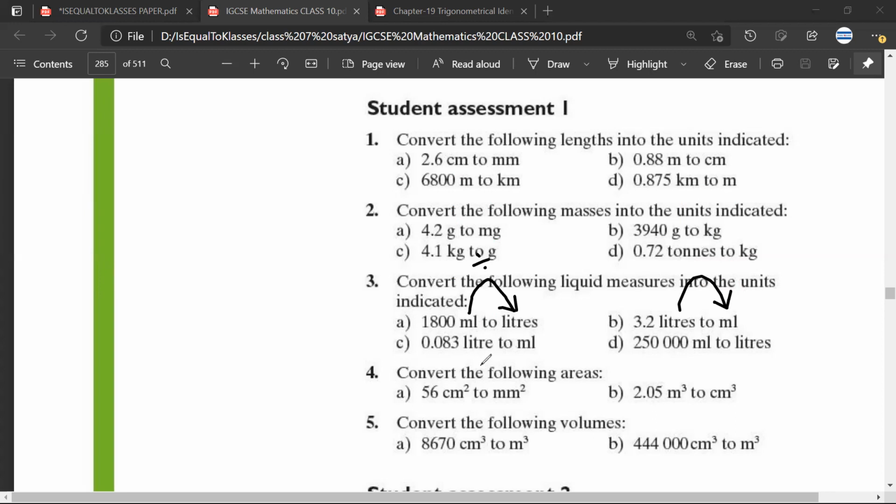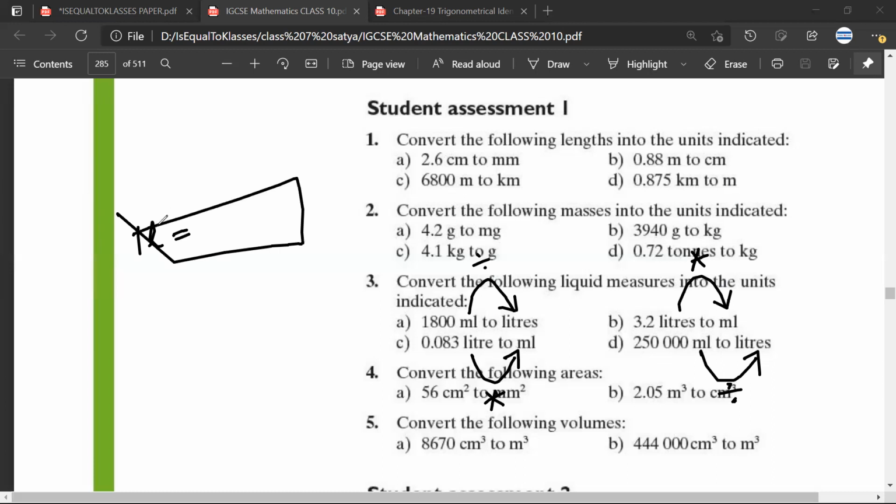Multiply or divide? Multiply. Milliliters to liters, increase or decrease? Decrease. Divide. Sarthak, have you understood? Yes, sir. And then you should know the conversion factor. 1 liter is how many ml?